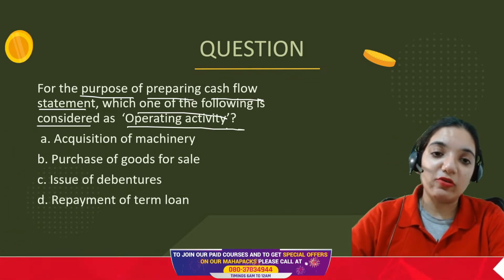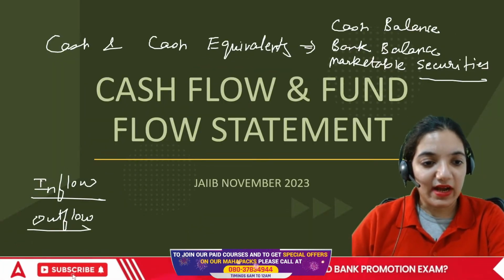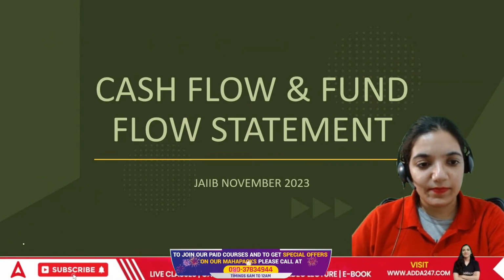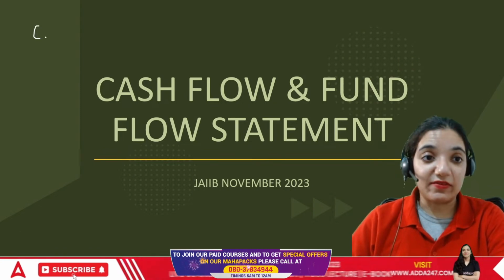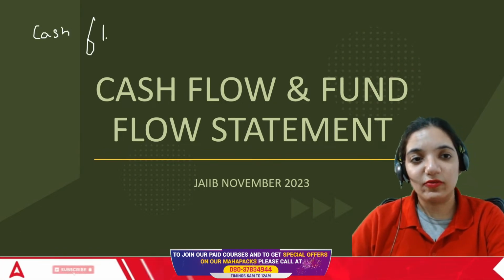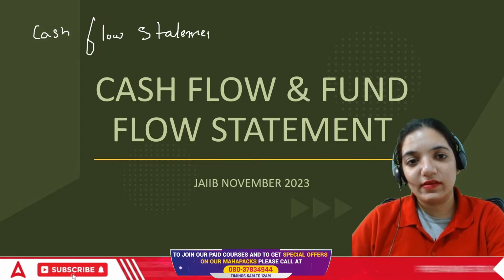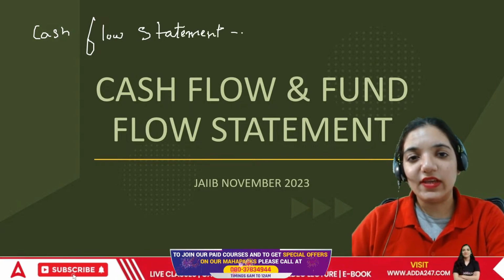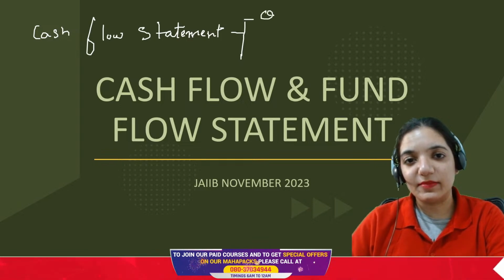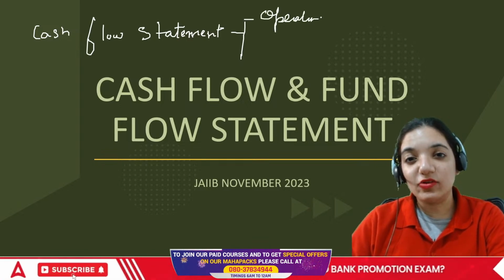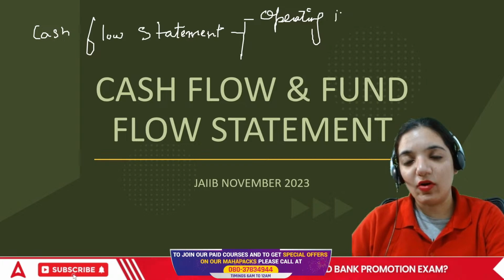Do you know when we talk about cash flow statement, na, under cash flow statement, we have three kinds of activities. The three activities are operating, the money that we earn by doing our business.